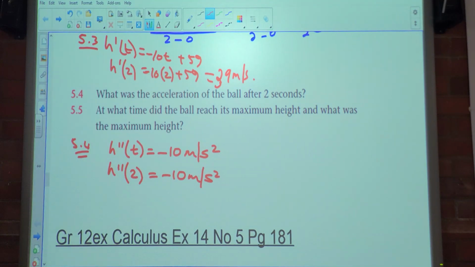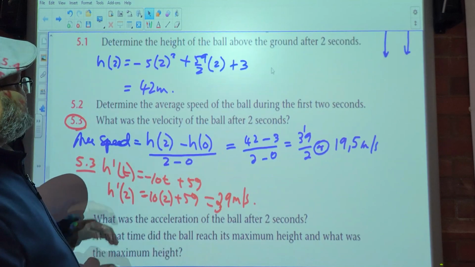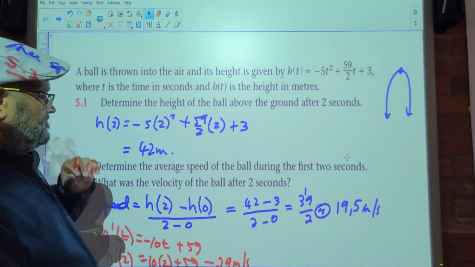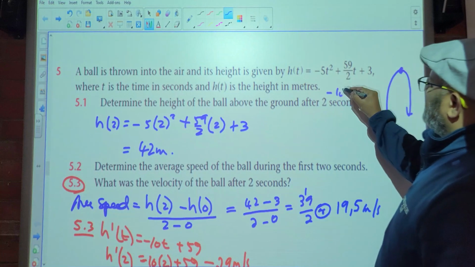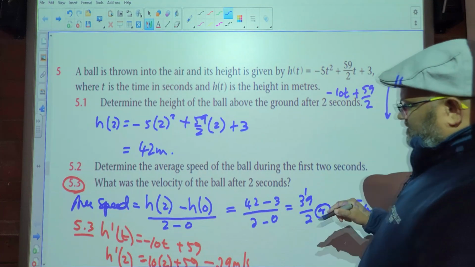Yes? Sorry? 9.5. H prime of t. Okay, so if you go back up here and apply the derivative to this function, that's going to give you negative 10t plus 59 over 2. Okay, that's my mistake.